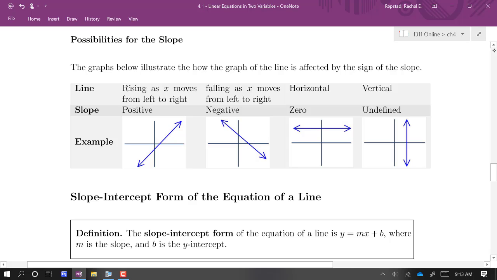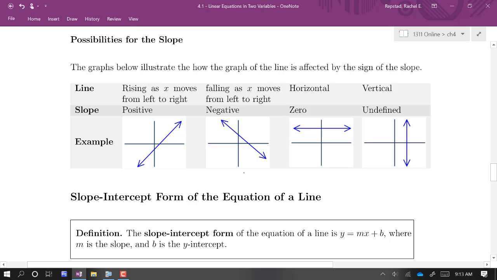So if, when we compute that value for m, we get a positive number, as we did in the last example, that means that if I were to graph that line, the line would be rising as x moves from left to right, so the line is increasing. If the slope is negative, that means it's falling as x moves from left to right.